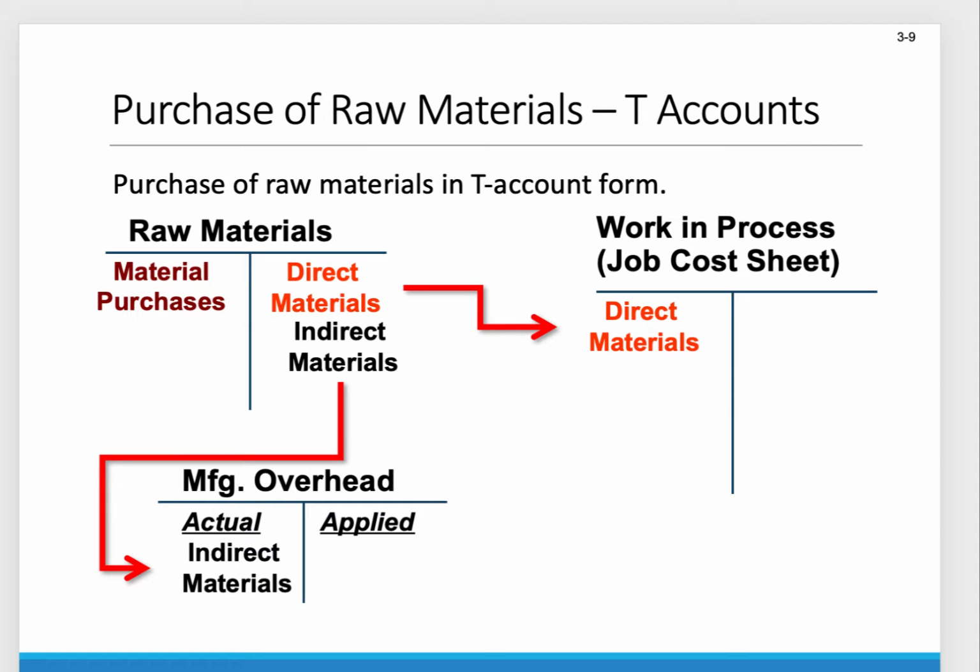Okay, so let's look at what happens, and by the way, this is a T account, okay? When we look at the T account, we actually have three accounts here. We have our raw materials account, we have our WIP account, and we have our manufacturing overhead account. Now, the left side is the debit side, the right side is the credit side.